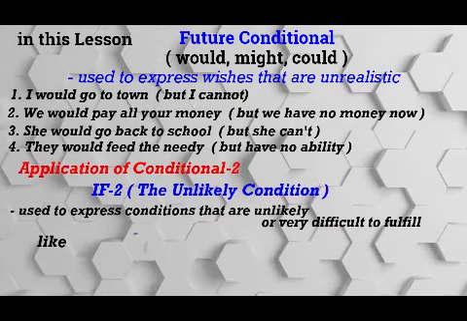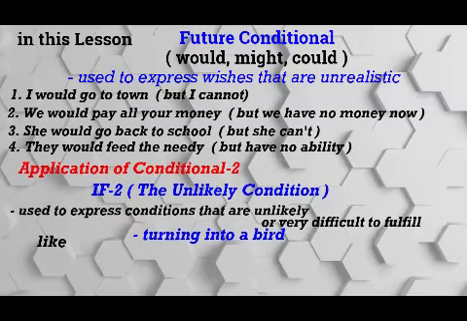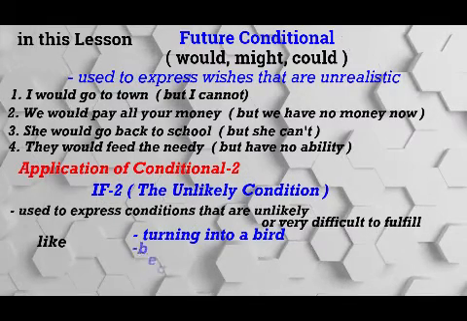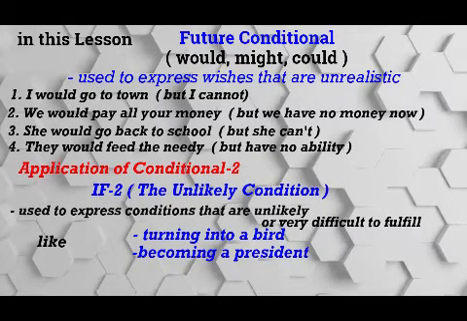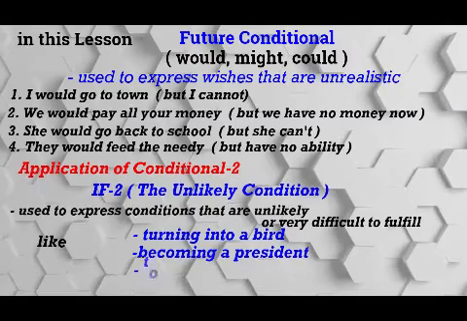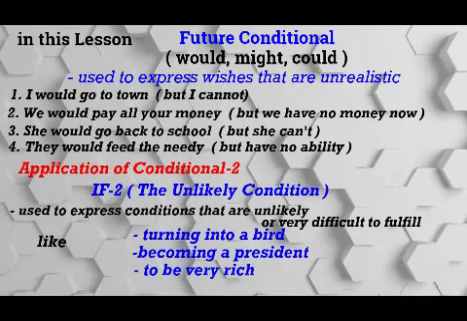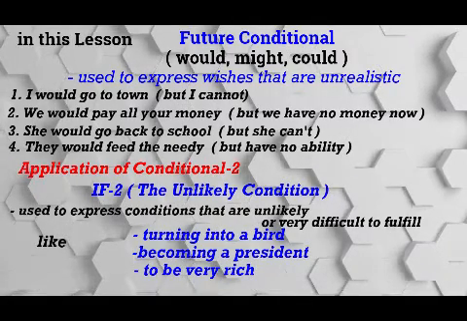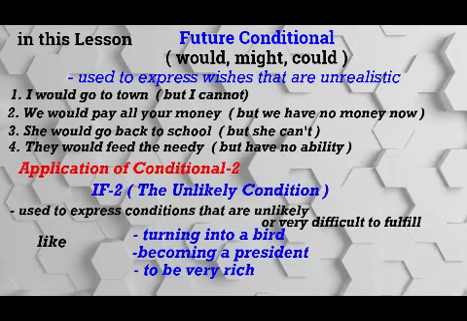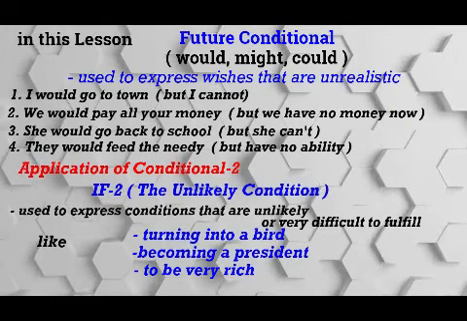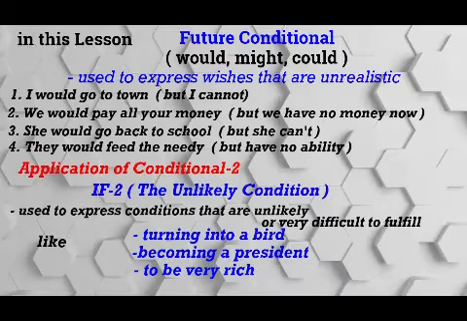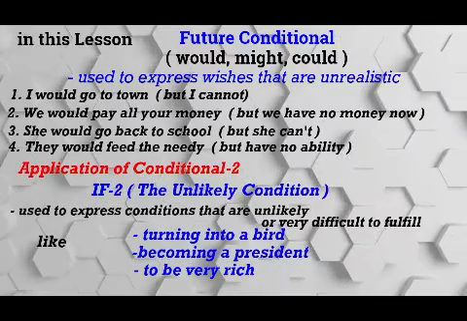Examples like, turning into a bird is impossible. Becoming a president is very difficult. To be very rich is very difficult. So, when we talk about conditions that are not easy to fulfill, we use the if-2 clause.